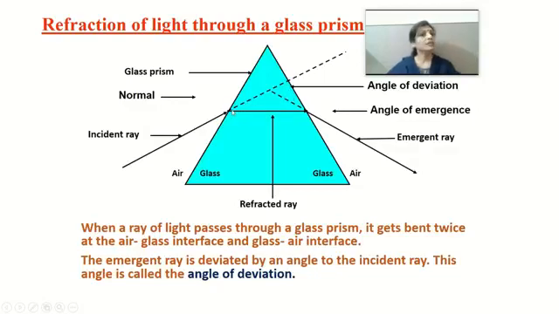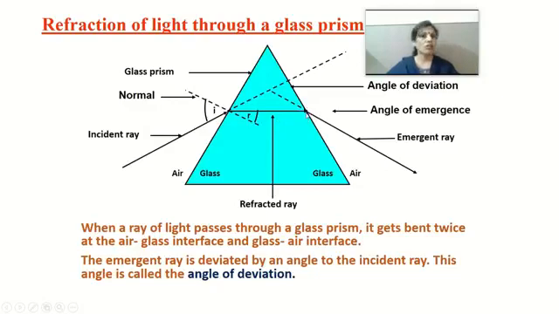Now, at the air and glass interface, if I draw a normal like this, then the angle made by the incident ray with the normal is called the angle of incidence, and the angle made by the refracted ray with the normal is called the angle of refraction.